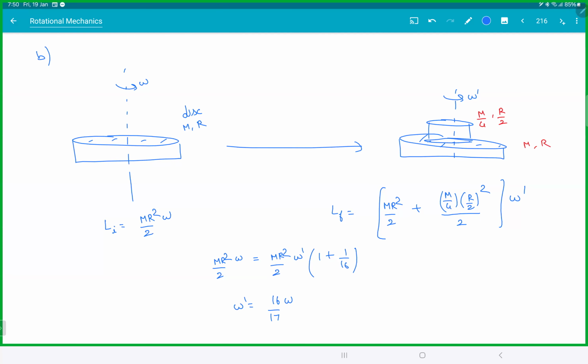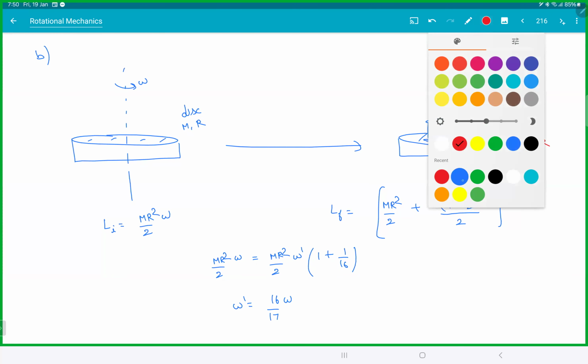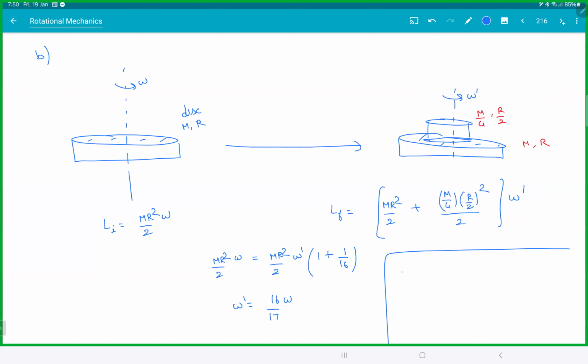You created extra energy. This is your final moment of inertia of the system. I can even ask you loss of energy also. Loss of energy will be kinetic energy initial minus kinetic energy final. That you can calculate from half I omega square.